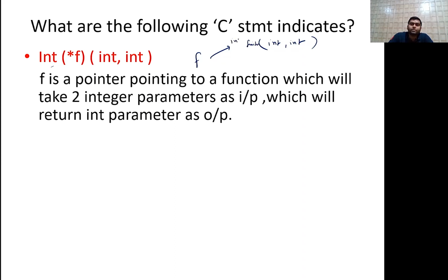And the return type of this function is what? Integer. So this is the return type. Okay, so this is the return type. So this is the meaning of this f.